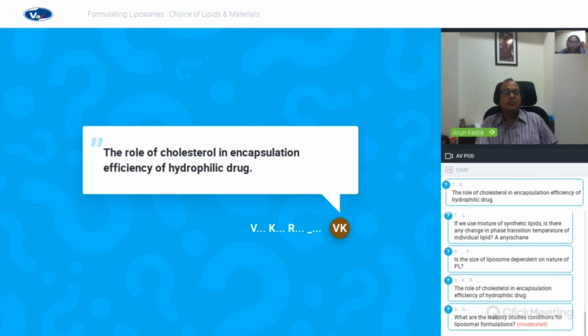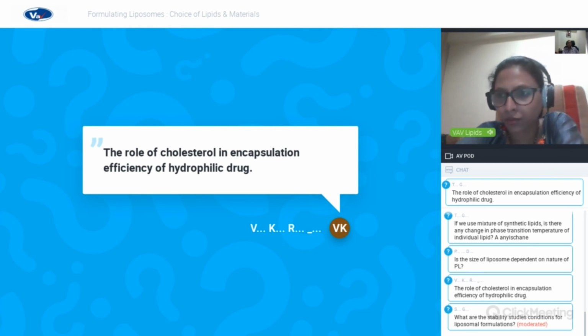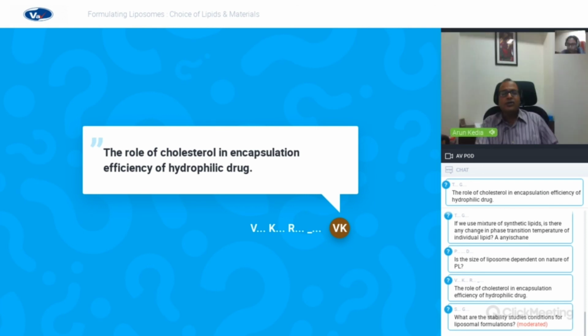So, what is the role of cholesterol in the encapsulation efficiency of hydrophilic actives or drugs? Absolutely none. So the role of cholesterol in encapsulation efficiency is absolutely none. The role of cholesterol in the release profile will be quite significant.